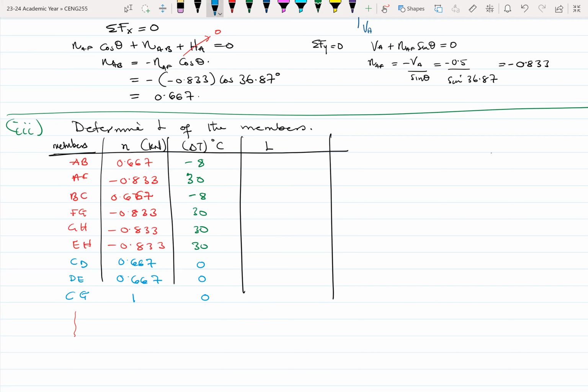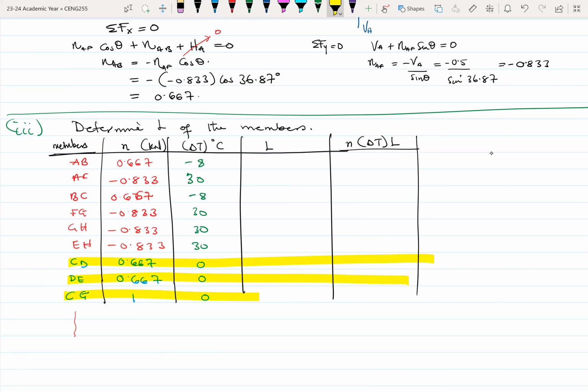So because the change in temperature is 0, if you find the product in this case, which is n delta T times L, at least the ones on this plane will give you 0. If you have been able to practice this over time, you realize that these values will not add anything to whatever you are doing.